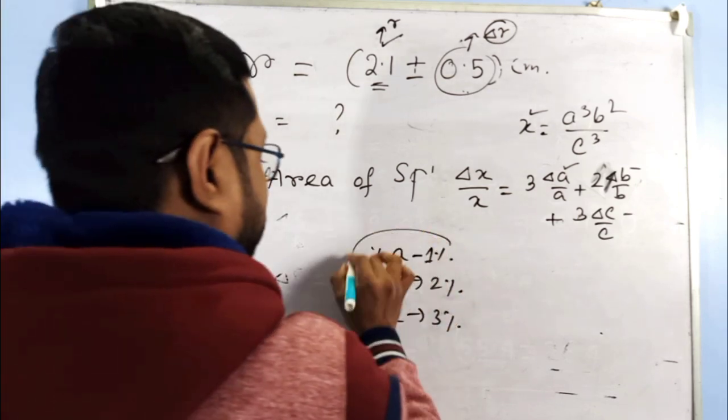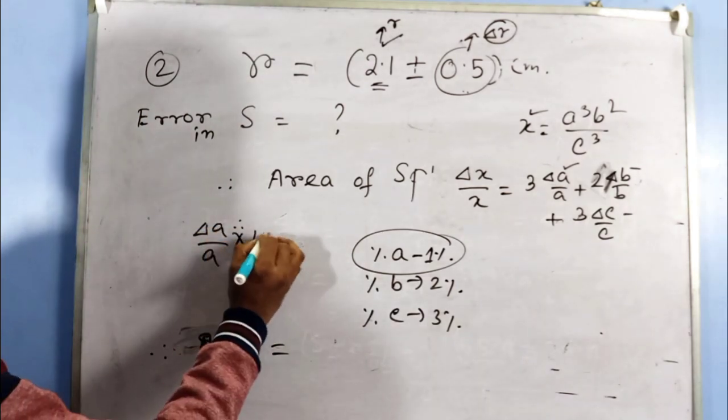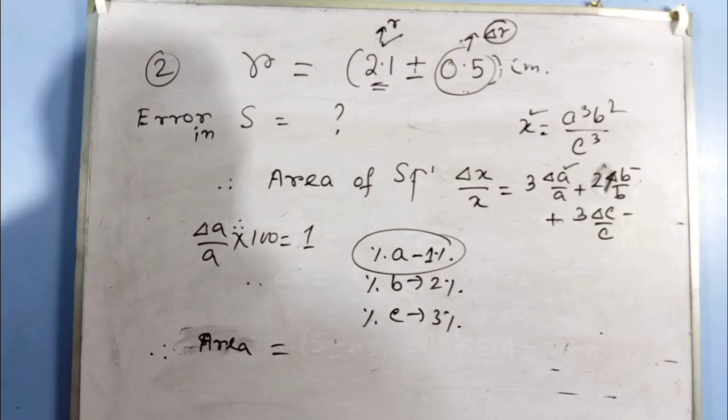Therefore, what is the value of percentage of A? That is delta A by A into 100. This value is 1.